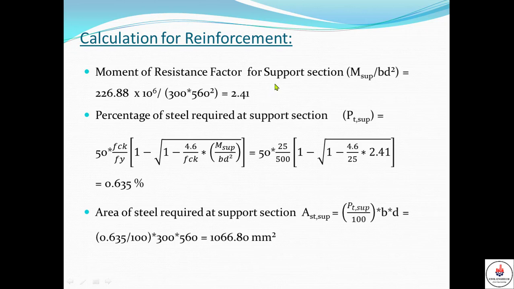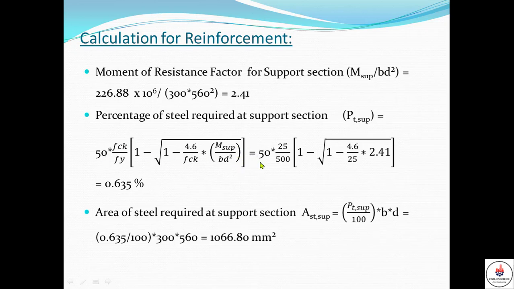Now we have to find out the percentage of steel required at the support section, which is denoted as PT support. The formula is 50 into FCK by Fy into bracket open 1 minus root under 1 minus 4.6 by FCK into M support by BD square bracket close.